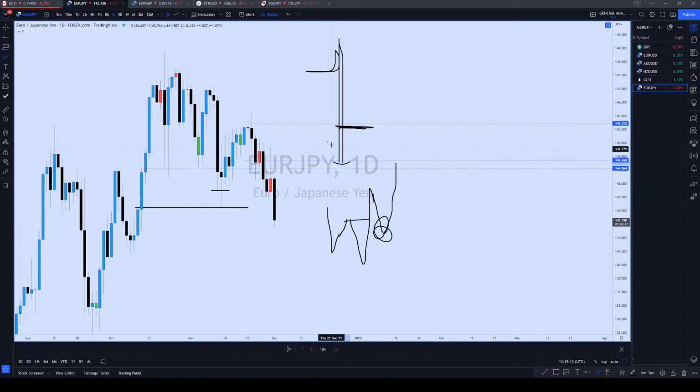Especially if we hit a high time frame level. It can go all the way up and make even a new high for the week, right? So if you do get that price action and you break structure, just buy it and hold on to it and see where it's going to take you. So that's how you can use the Thursday price action.